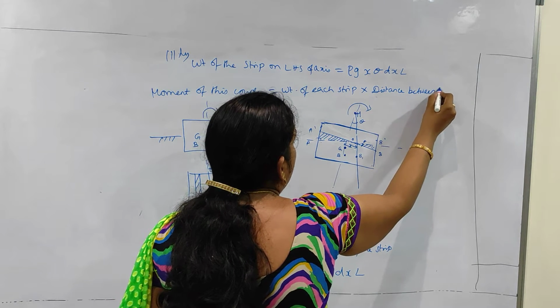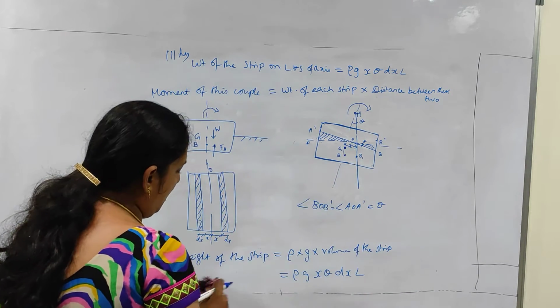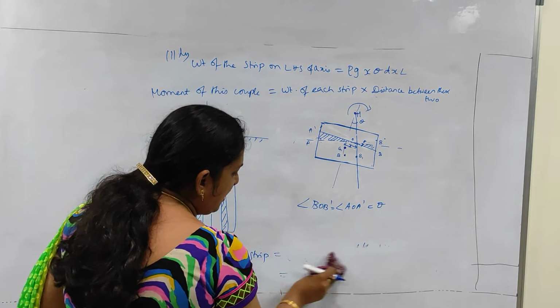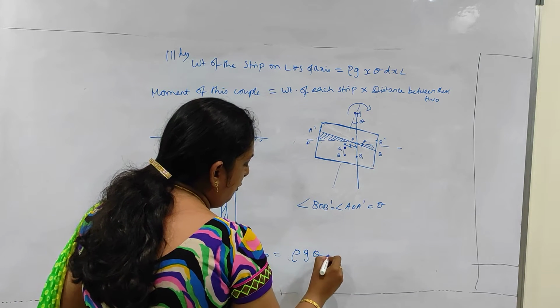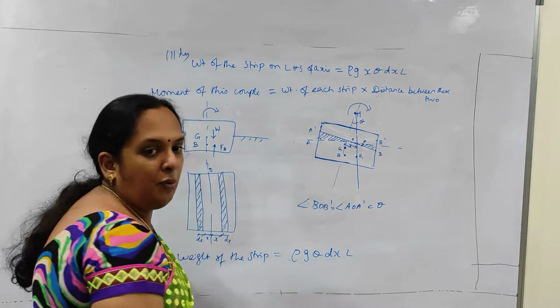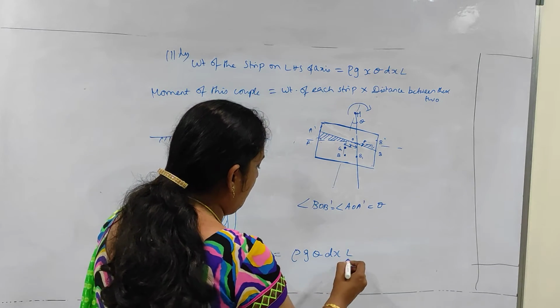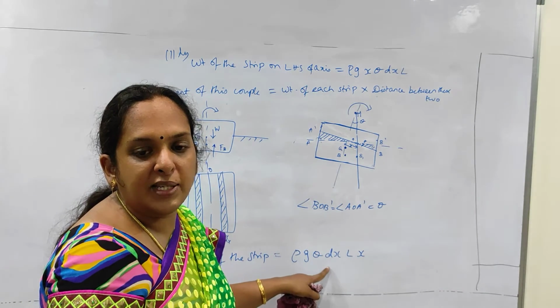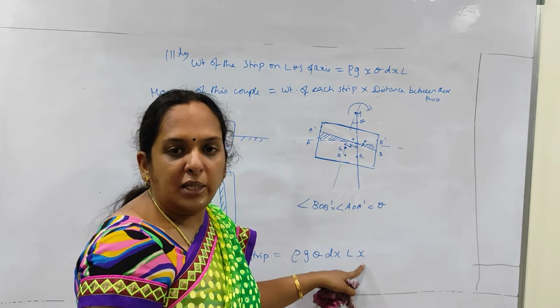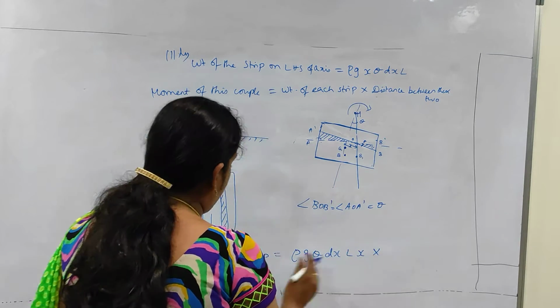So what is the weight of each strip? Just now we have found out that the weight of each strip is rho g into theta into dx into L into x, rho g into x into L into theta into dx. And what is the distance between these two?